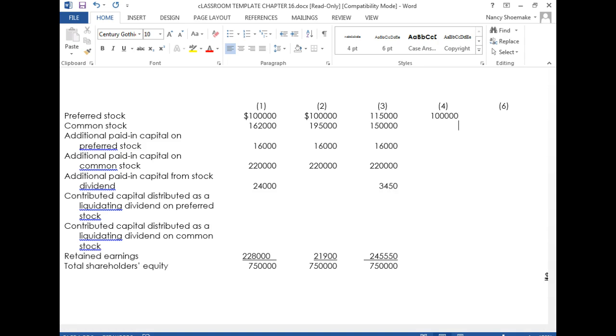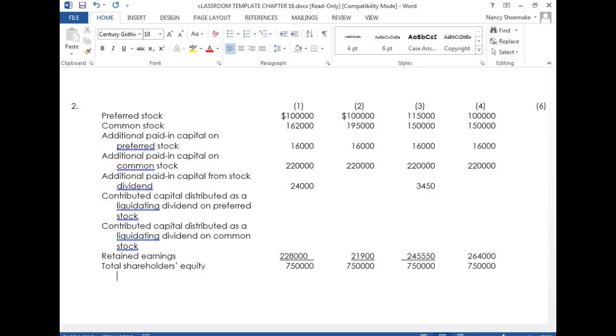So we're not going to change anything here. Okay? Nothing changed there in number 4. That was a stock split.